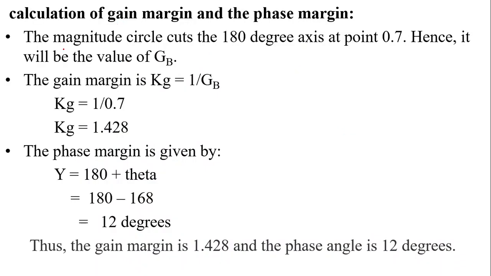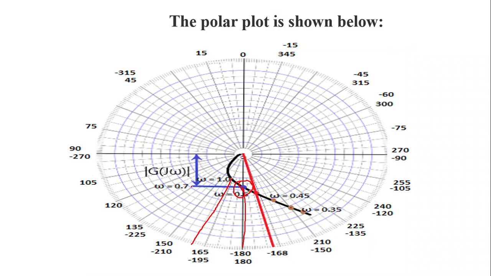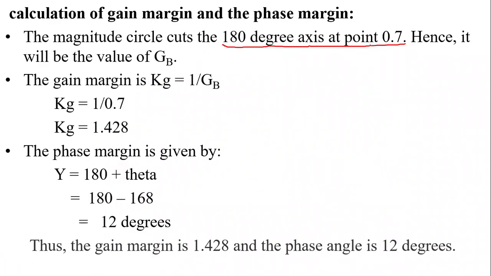The magnitude circle cuts the 180 degree axis at 0.7. This is our intersection point, so 0.7 is our value of GB. The gain margin is indicated as Kg, where gain is generally indicated as K in control systems.